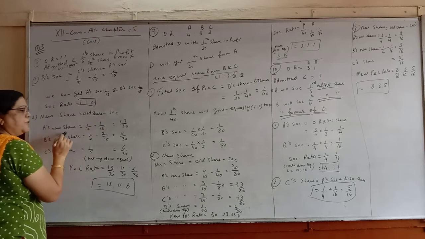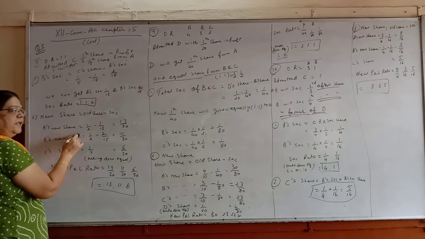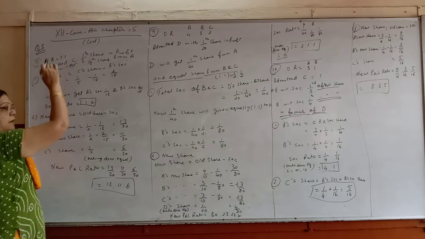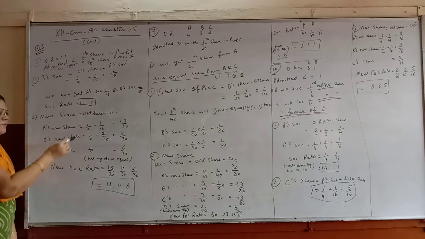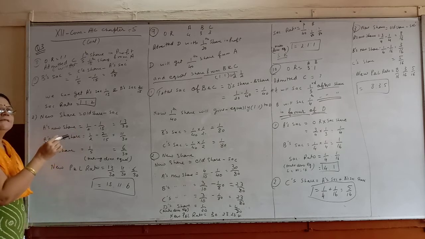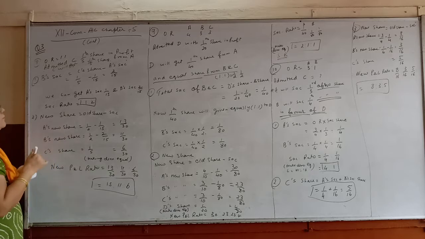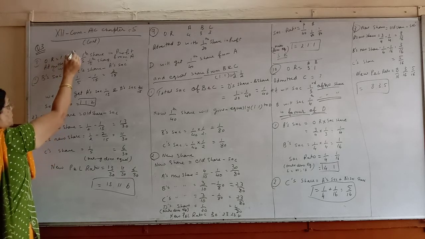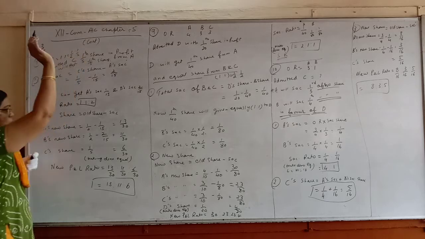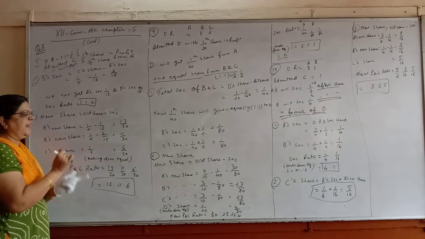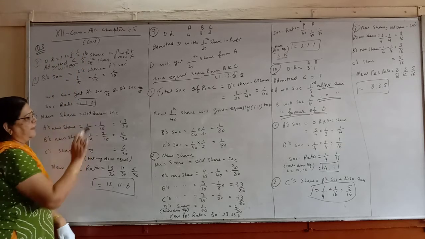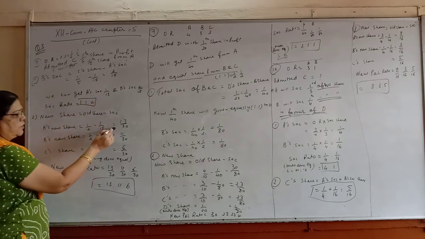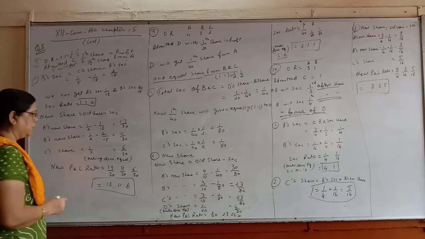A's new share equals old share, which is the old ratio 1:1, that is 1/2 to 1/2, minus sacrifice. A's sacrifice is 1/15, so here we will get 13/30.